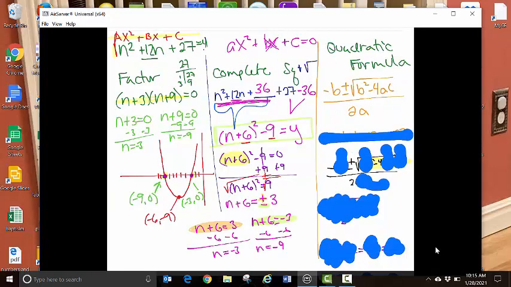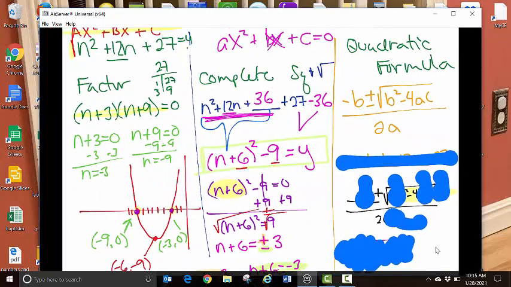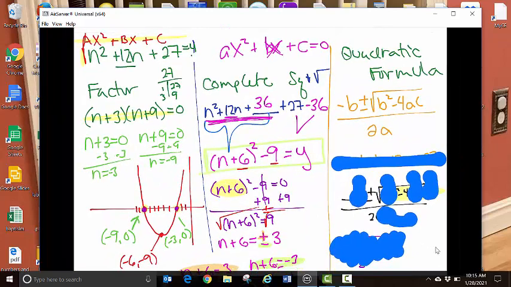Completing this using the quadratic formula, you have to identify A, B, and C. In this case, we know our A is 1, our B is 12, and our C is 27. Remember, they're just the numbers in front of the variables and then the constant. And so then we have to plug them in.